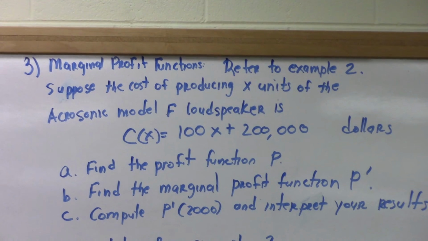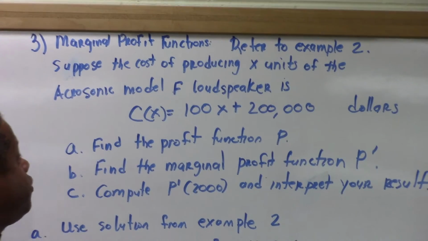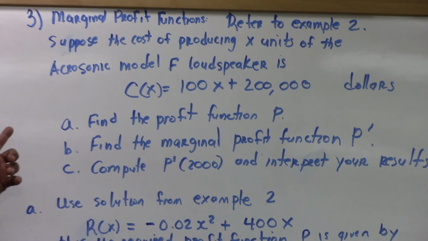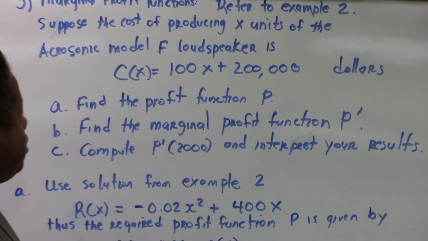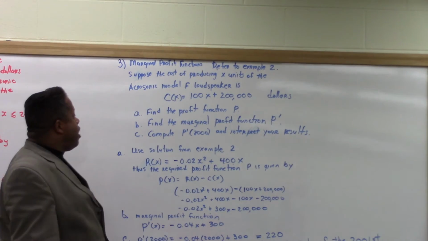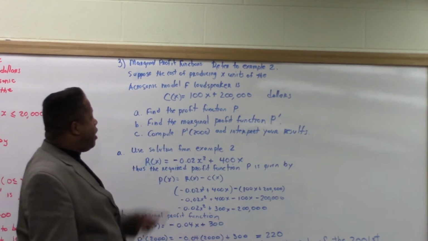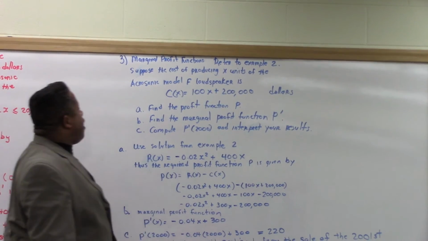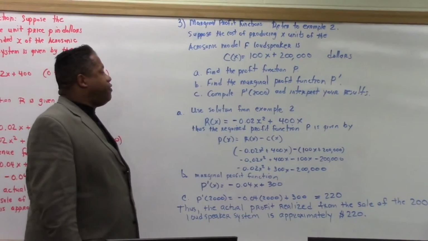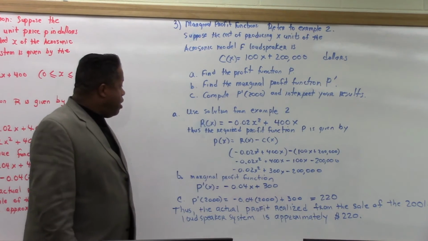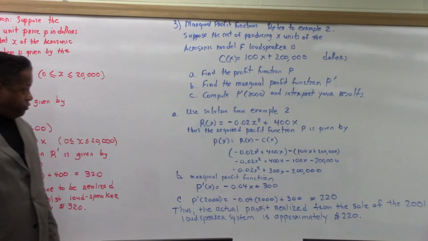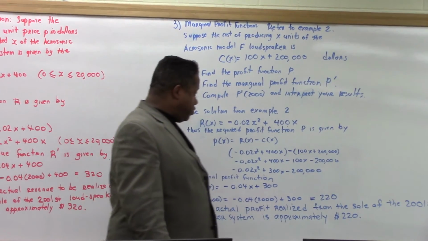Suppose the cost of producing x units of Acrosonic model F loudspeakers has a cost function of 100x plus $200,000, in dollars. We want to find the profit function P, find the marginal profit function P prime, and compute P prime of 2,000 and interpret its results.